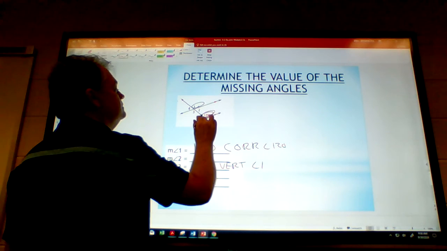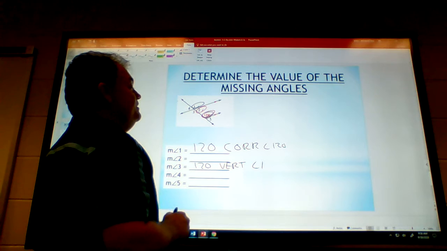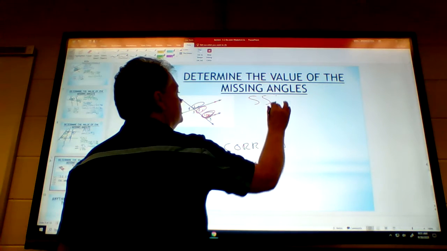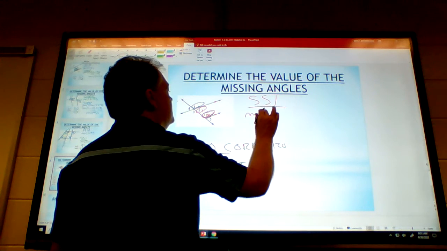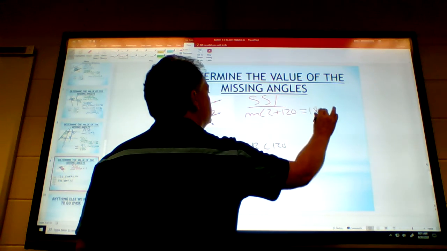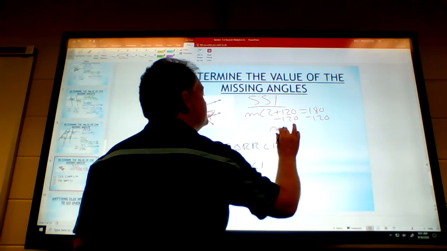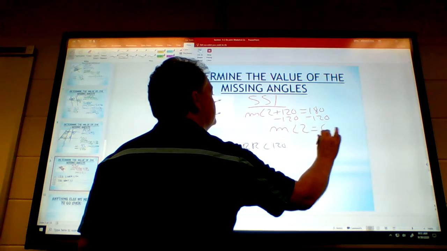Angle 2 and 120 are same side interior. So the measure of angle 2 plus 120 equals 180. So I subtract 120, and the measure of angle 2 equals 60 degrees.